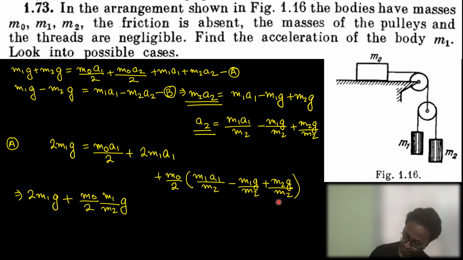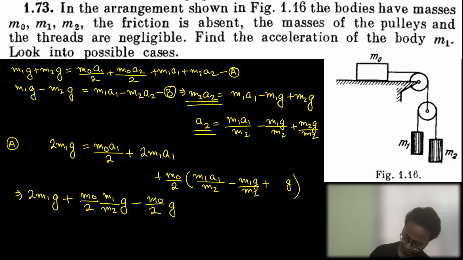Does this contain the variable of a1? No, so it goes to the left hand side. So plus goes to the left hand side and becomes minus m0 by 2 into m2 by m2. M2 by M2 get cancelled, no? Okay, so it becomes g.